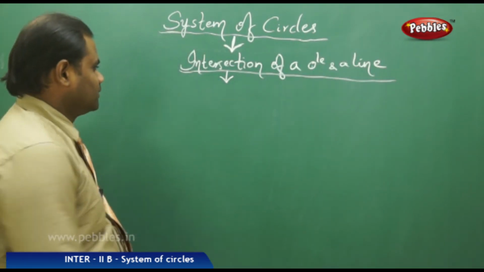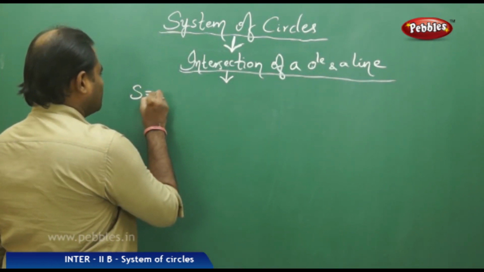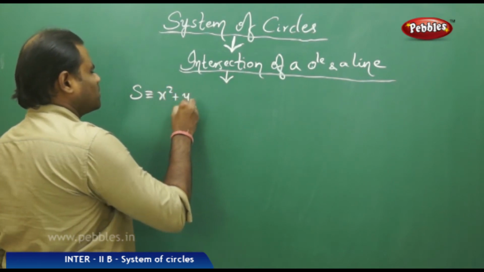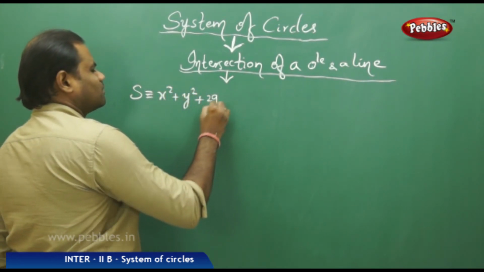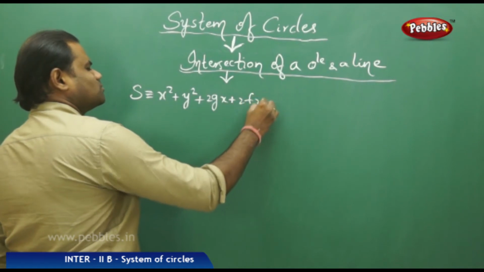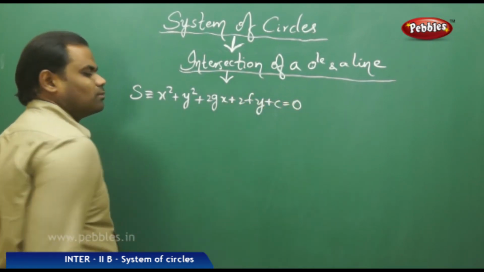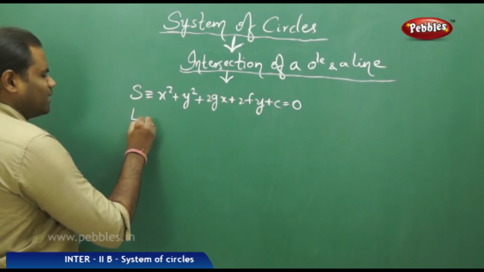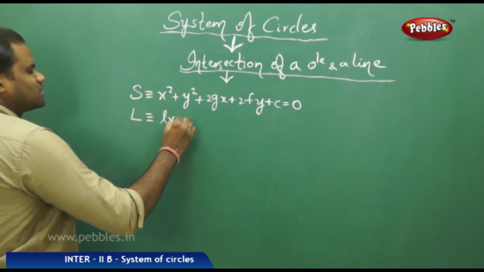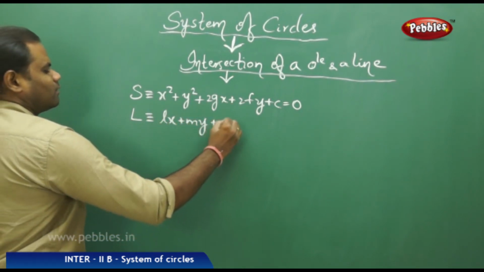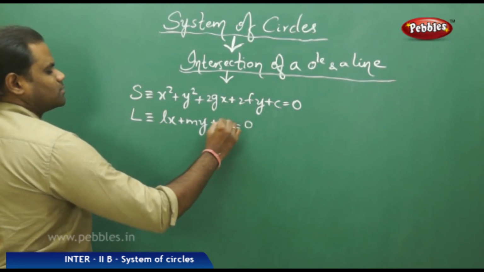So let me have a circle in general form as S equals x square plus y square plus 2gx plus 2fy plus c equal to 0, and let me have a line L given by lx plus my plus n equals 0.